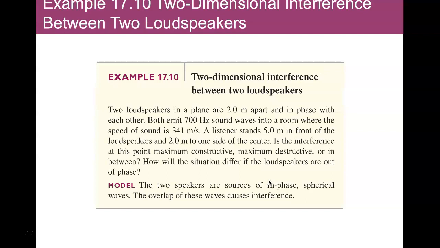Then there's a listener 5 meters in front of the loudspeakers and 2 meters to one side of the center. So we know where the listener is. The question is, what kind of interference do we have where the listener is? And how would things change if the loudspeakers were out of phase? So pause the video, try to work this out, and we'll come back and go through the solution together.